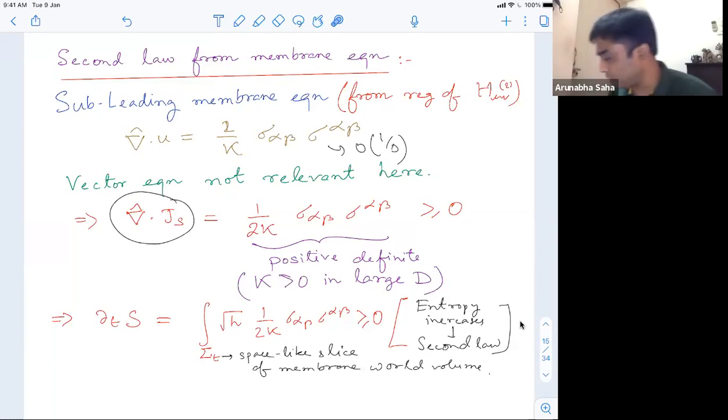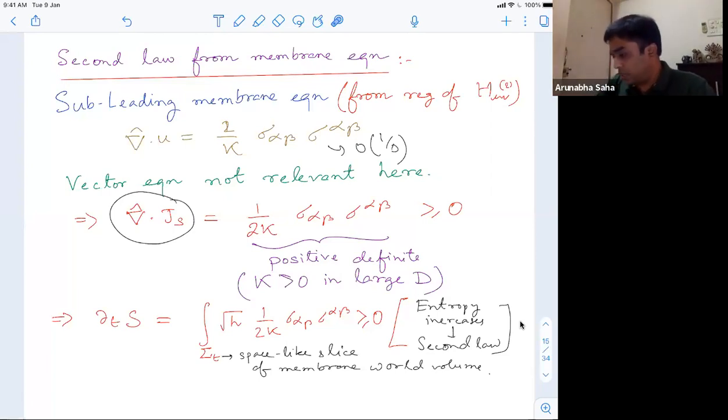Once this is clear, one can build on this. Now it's more or less trivial to conclude from this line to this line that if you choose a time direction in the membrane world volume, you'll find that the charge corresponding to this entropy current, which will be the entropy, is actually positive definite, because this whole integrand is positive definite.